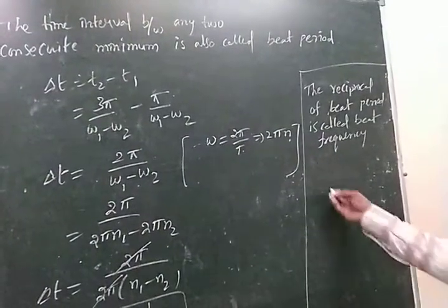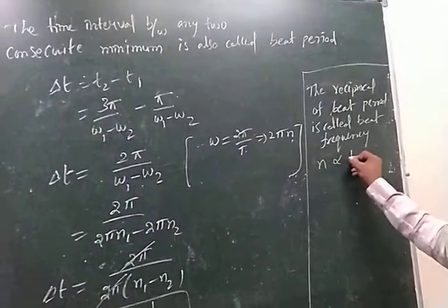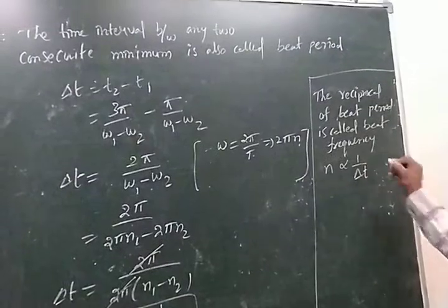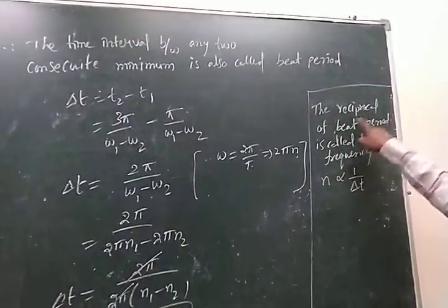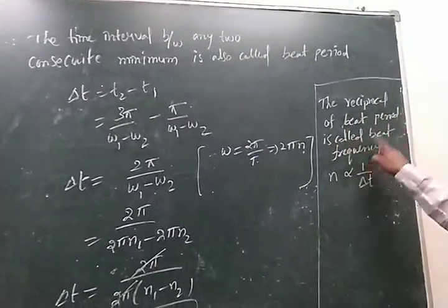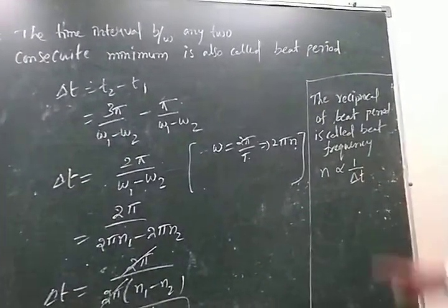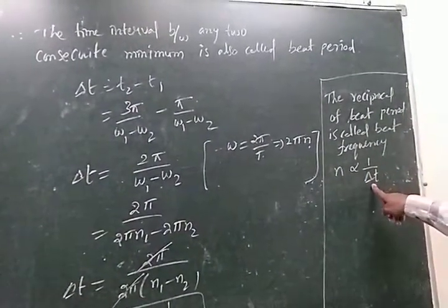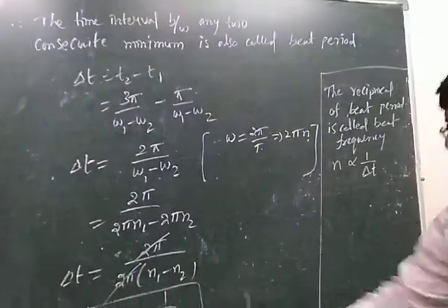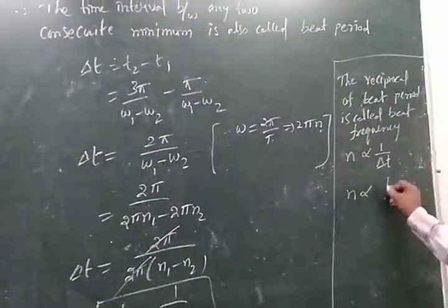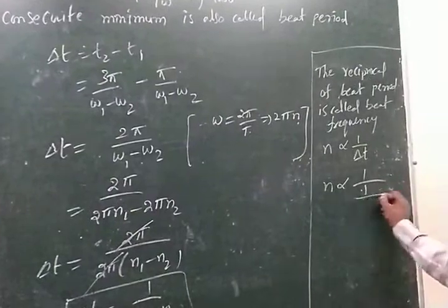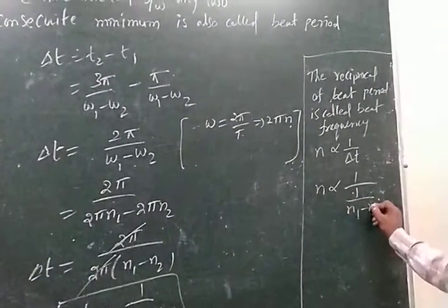The beat frequency N is inversely proportional to delta t, because the reciprocal of beat period is called beat frequency. So N is proportional to 1 by delta t, and 1 by delta t is (N1 minus N2).